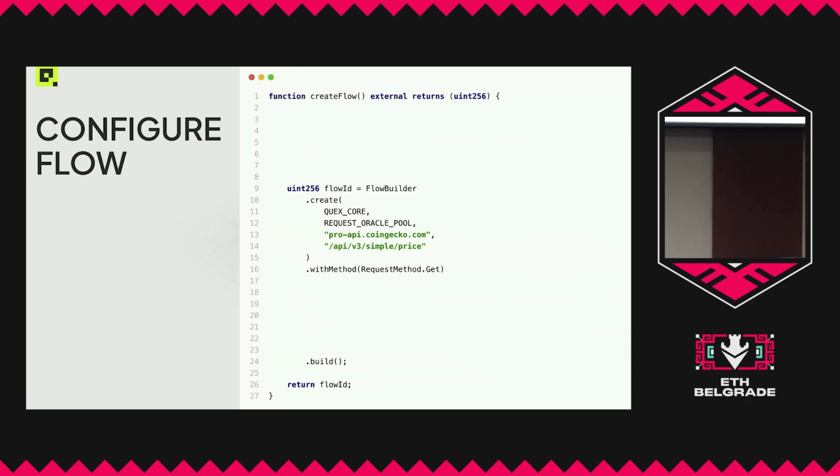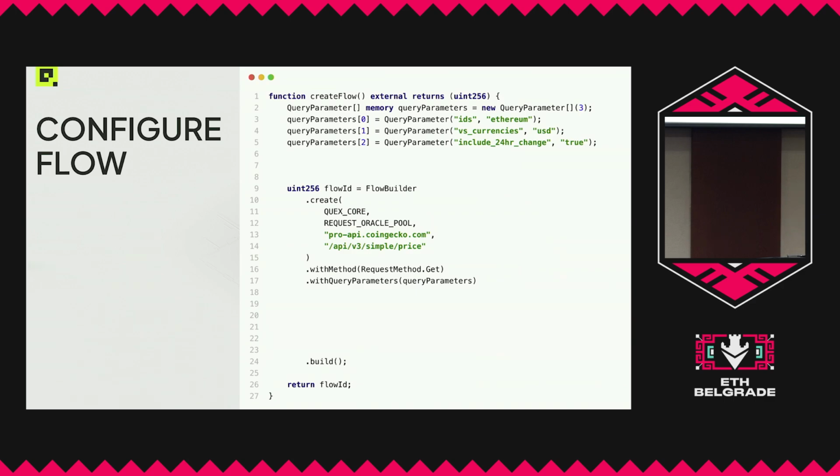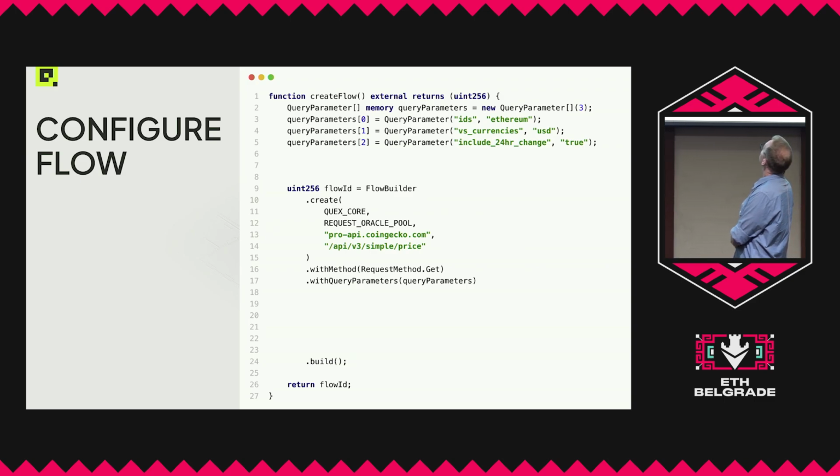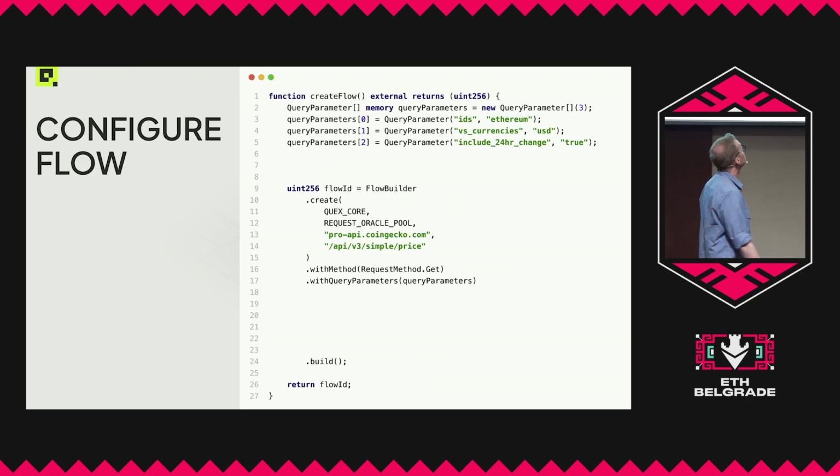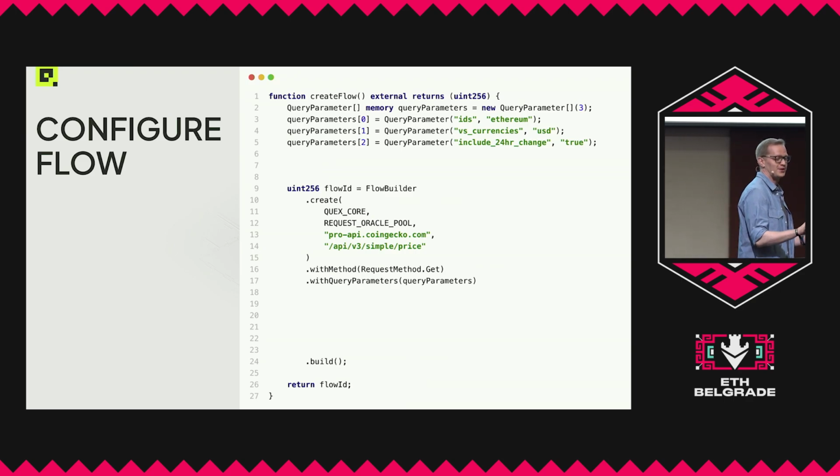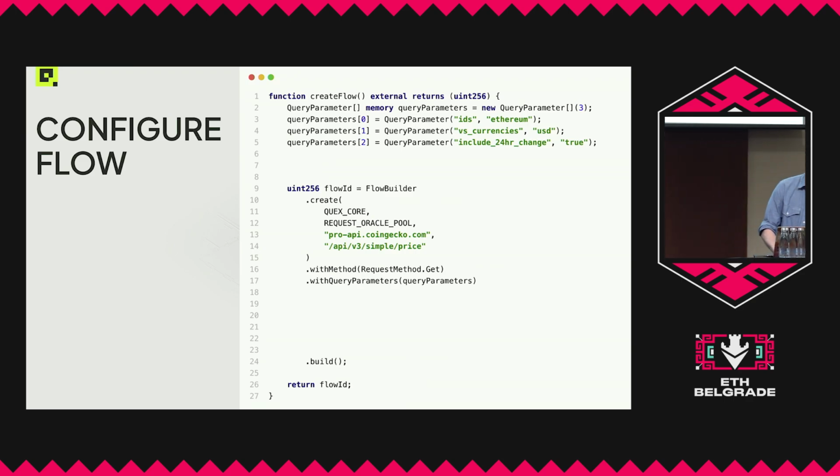We also need to provide the host and endpoint of our API, and we said that it's a get method. Then we need to add our query parameters. We had 3 of them. One is Ethereum, so we want the price of Ethereum in USD, and we also want to include the price change in our response.